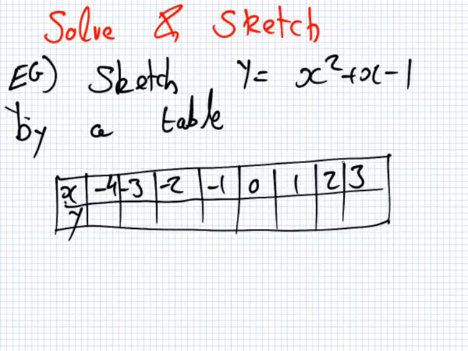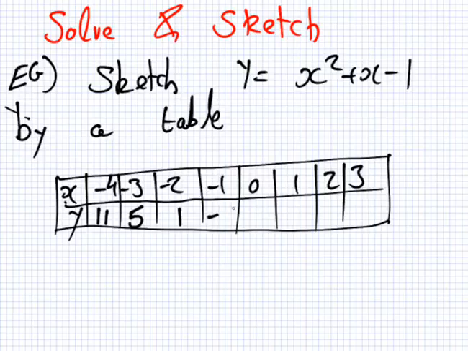So what you do is you take some values for x and some values for y. So you could go, okay, I don't know, minus 4, minus 3, minus 2, minus 1, 0, 1, 2, 3. Something like this. This is not the best way to do it, but it will work. Okay, so if I put in minus 4, I'll get 16 minus 4 is 12, minus 1, 11.